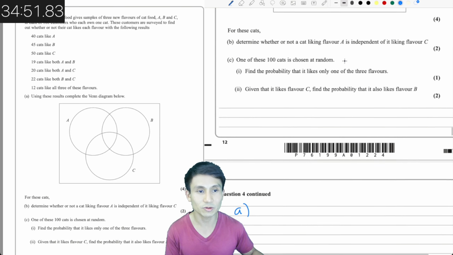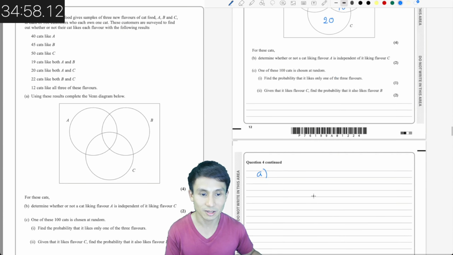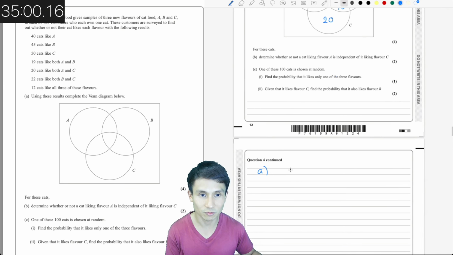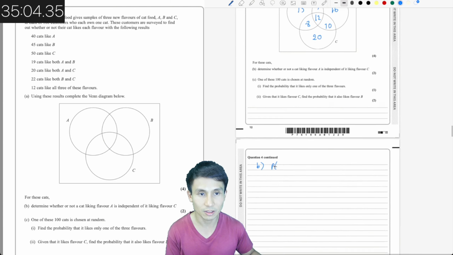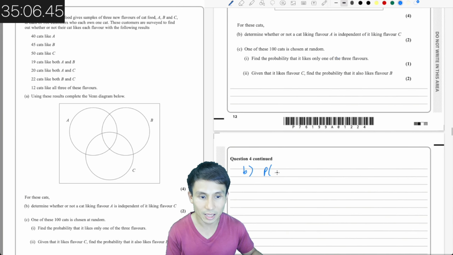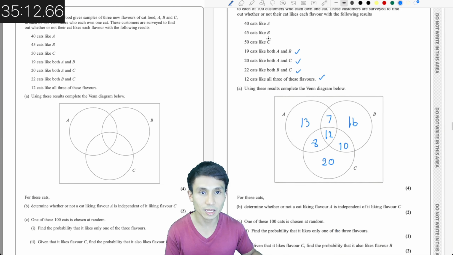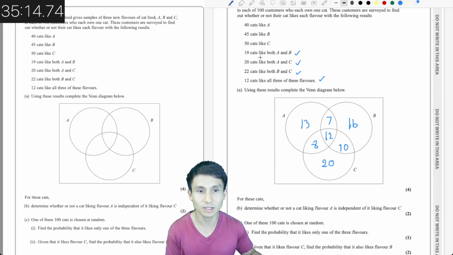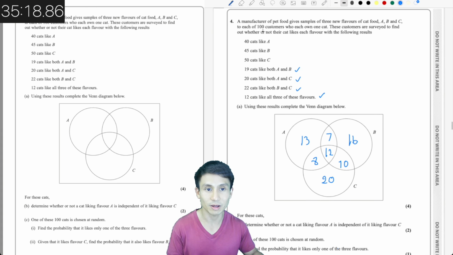B, determine whether or not a cat liking flavor A is independent of it liking flavor C. Well, so we just prove that if we find P(A) times P(C), it's going to be equal to, so P(A) times P(C) is 40 times 50 divided by, so 40 divided by 100, this is 100, right?